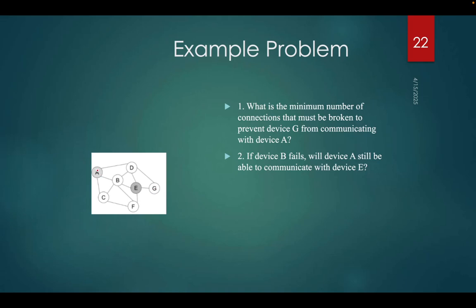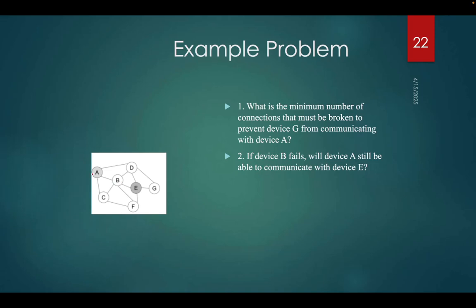So basically we need to look at what is being connected to device G. These lines are connecting to device G. If this connection is broken and this connection is broken, we know that G cannot reach A, because there's nothing connecting to E which will allow it to follow the path.